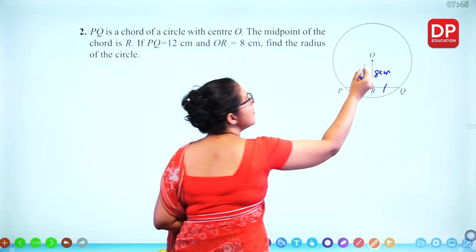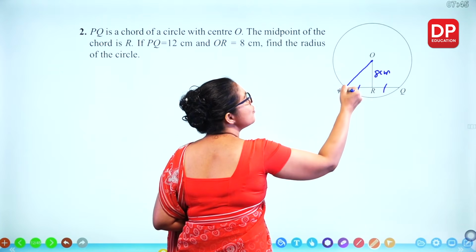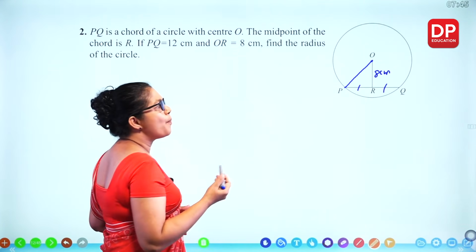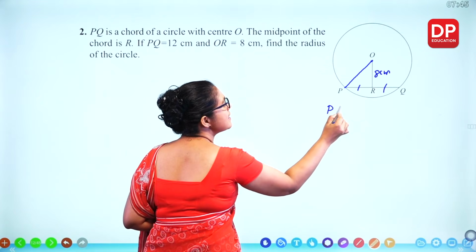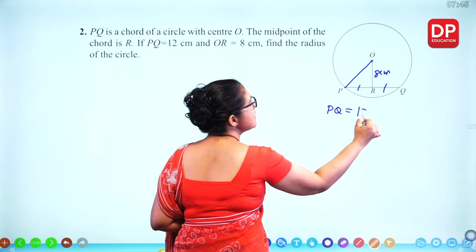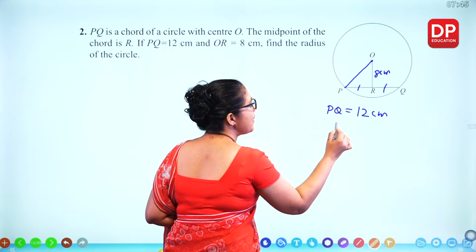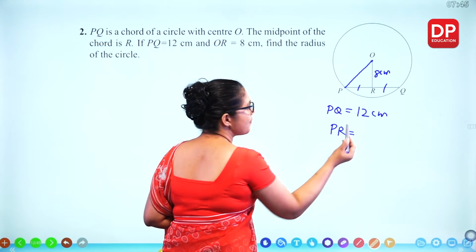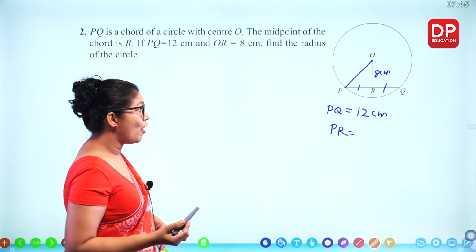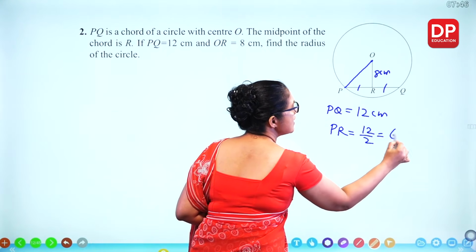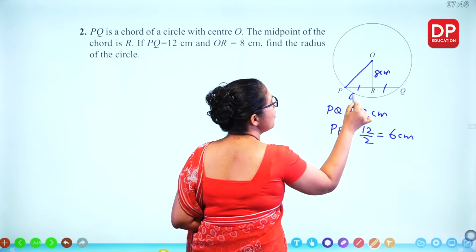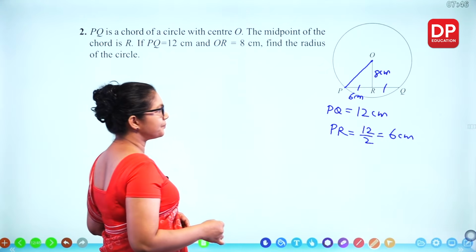So here we'll draw this line. You need to find out the OP length. And also we know the PQ length is 12 centimeters. So what is the PR length? If R is the midpoint, you can divide by 2 and get 6 centimeters for PR.